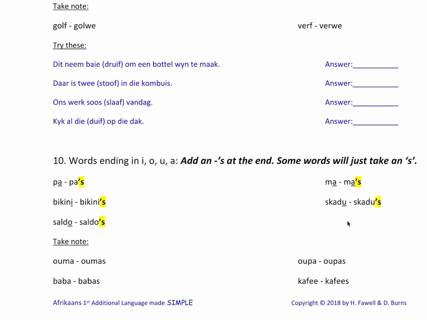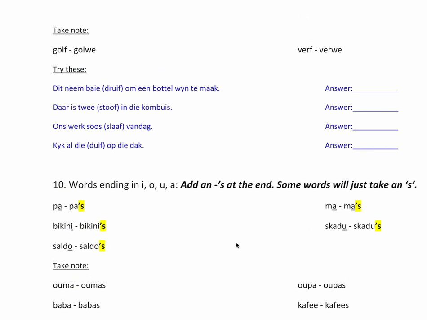Good. Number 10 talks about when a word ends in an A, I, O, or U, then you will add an apostrophe S. Some words will just take an S. But how do you know that? Because normally, if the accent is on the A for pa, then you know it becomes pa's. Bikini becomes bikini's.